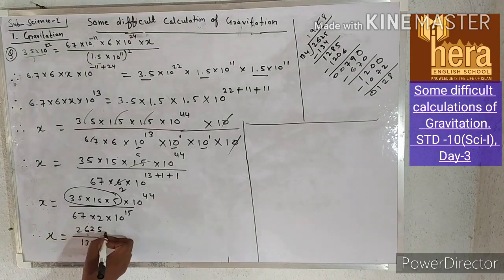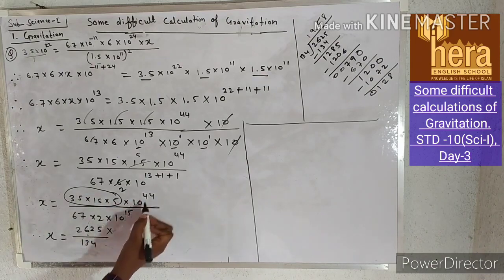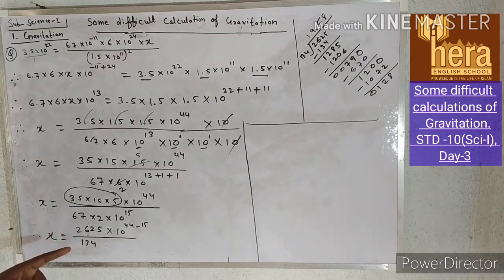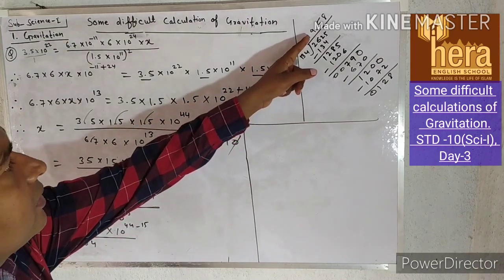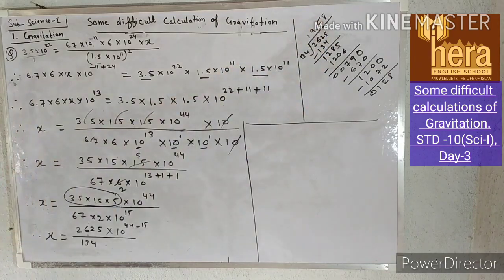Here will be 10 raised to, see, here is the base 10, base 10, but both are in division. So index will be subtracted. Here 15 will be subtracted from 44. 10 raised to 44 minus 15. So if you divide 2625 by 134, you will get 19.58. Okay.